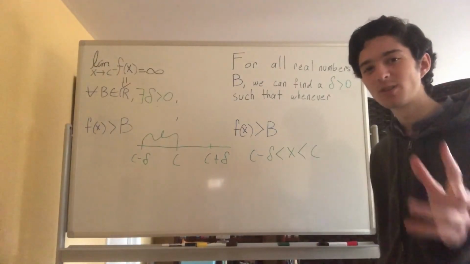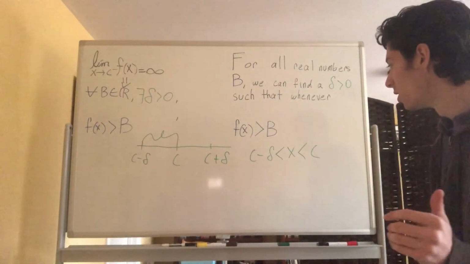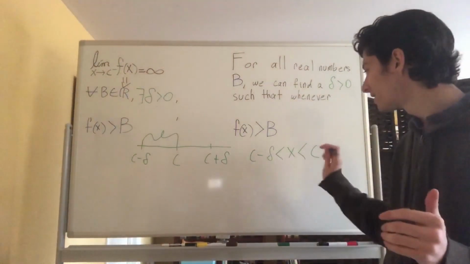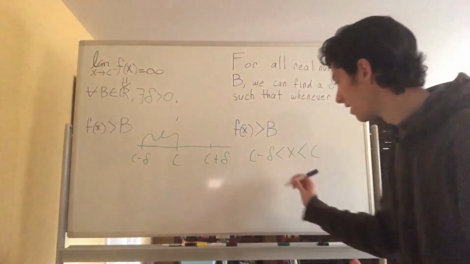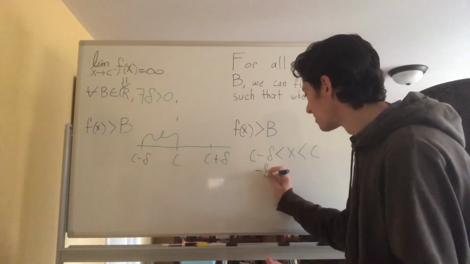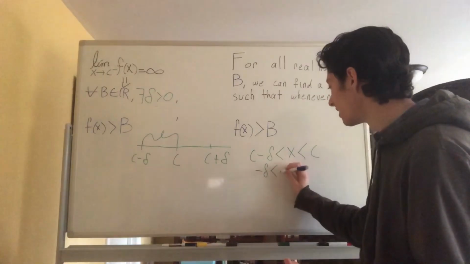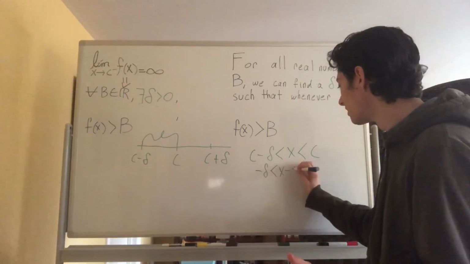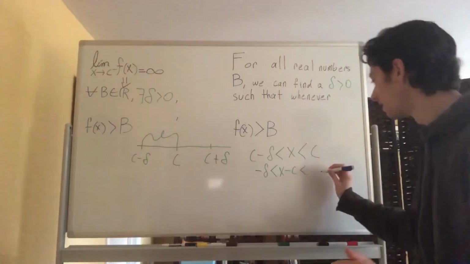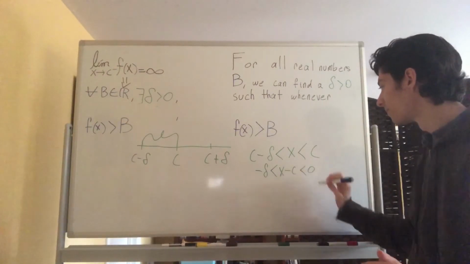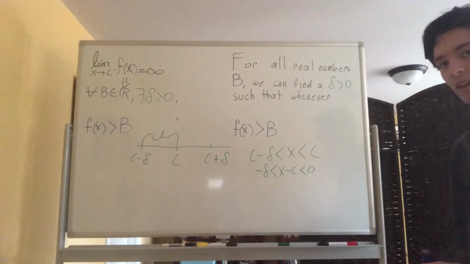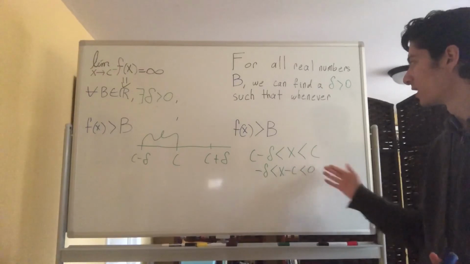Now again, we can do some algebraic manipulation. We can subtract c on both sides. So we get that negative delta is less than x minus c, which is less than 0. And there you have it. That's what the range is.